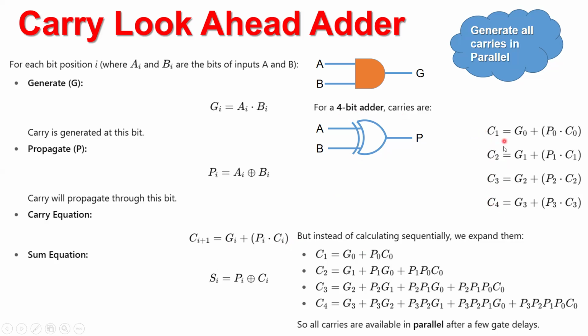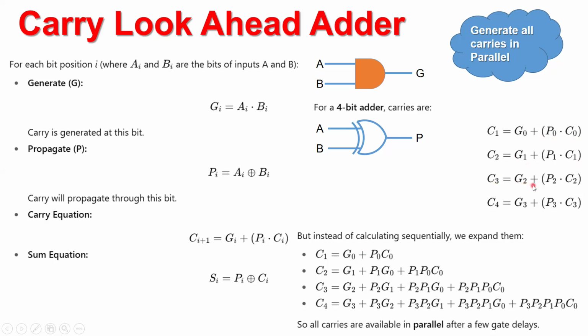Instead of calculating them sequentially, you calculate them in parallel. So these equations are already calculated in parallel and they are ready. C1 is equal to G0 OR P0 and C0. Then C2 is equal to G1 OR P1 and C1.